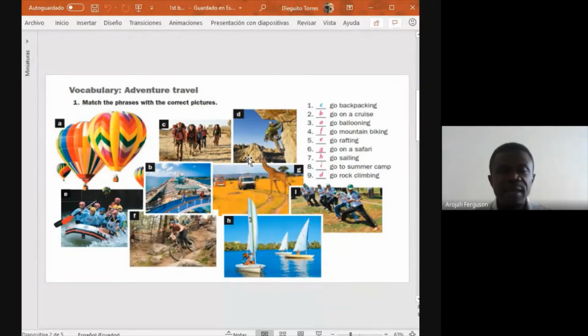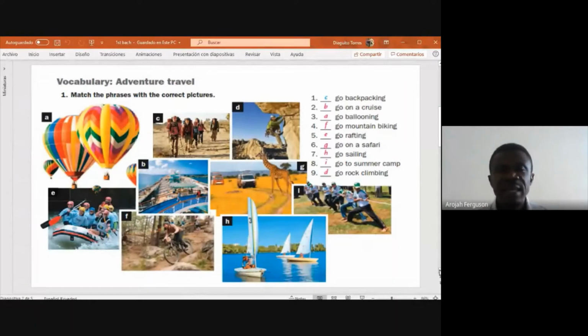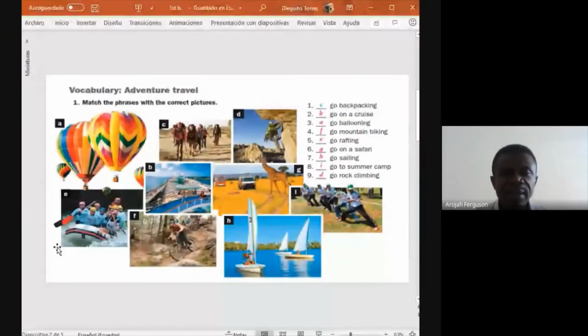So let's look at picture E. It's a kind of sport, but you have people in a tube canoe, and they seem to be paddling in very rough waters. There's rafting.